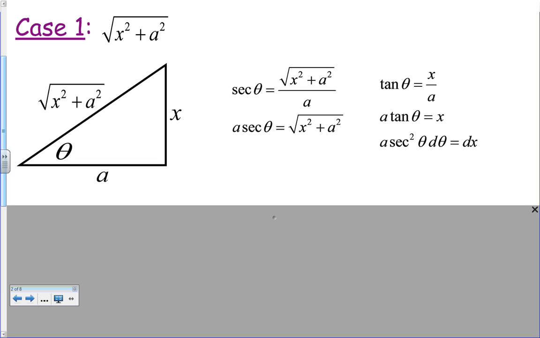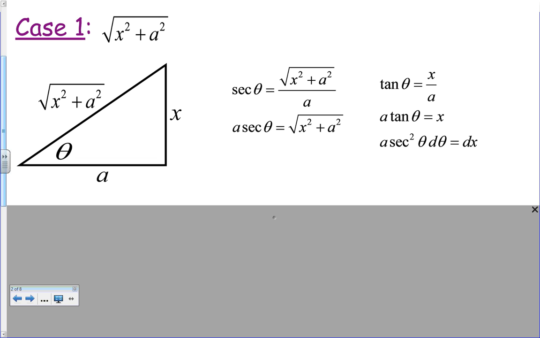So over on the right now, I've got a little bit of triangle trigonometry that I'm doing with that right triangle to come up with a replacement or a substitution for the square root of x squared plus a squared, getting it in terms of theta. We're doing a trig substitution here. So if I look at the hypotenuse, which involves the radical, and the horizontal leg, which is the constant, those are the two sides I'd want to work with here.